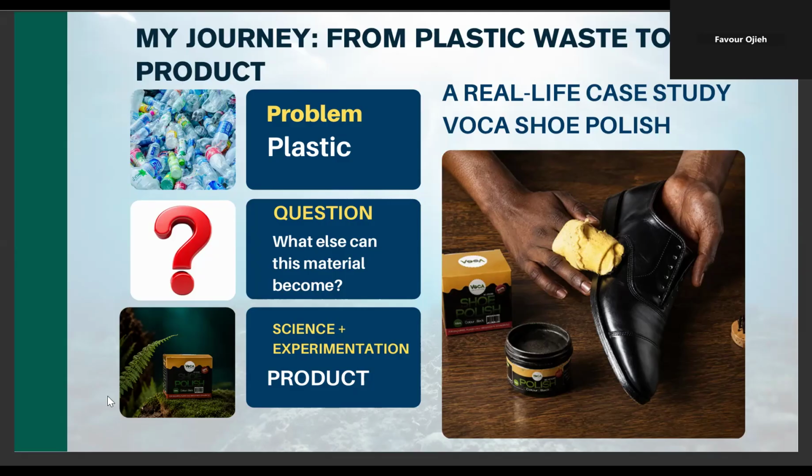For me, it was plastic that had blocked the drainage system, and it made flooding very difficult. And I asked myself a question: what could become of this plastic? And then, with my background in science, I started carrying out research, and I came up with products.